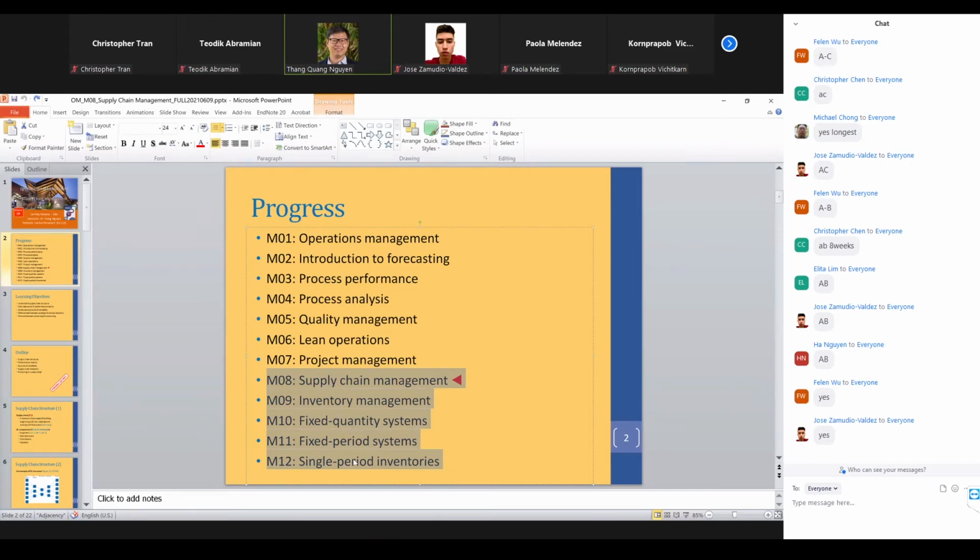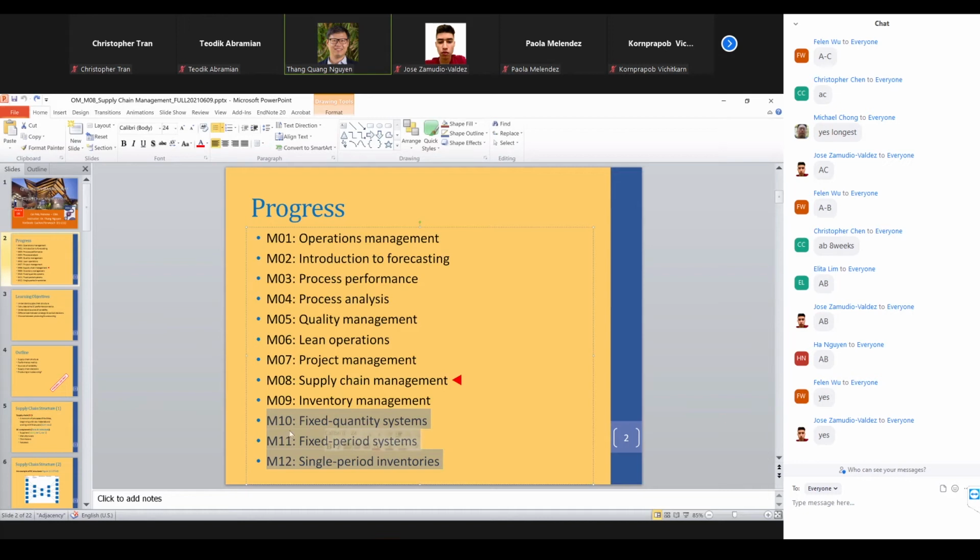All of these topics belong to supply chain management, right? So supply chain management is an overview. Within it, we have inventory management, right? So we learn inventory management as part of supply chain management. And then in inventory management, we're going to learn about 3 important models that managers would normally use to manage their inventories.